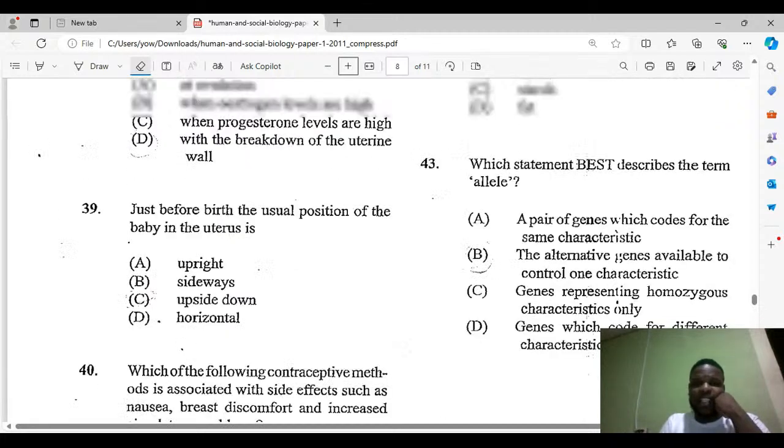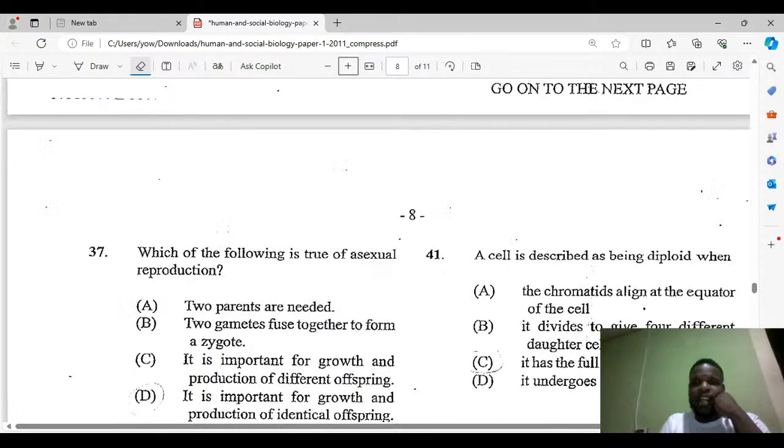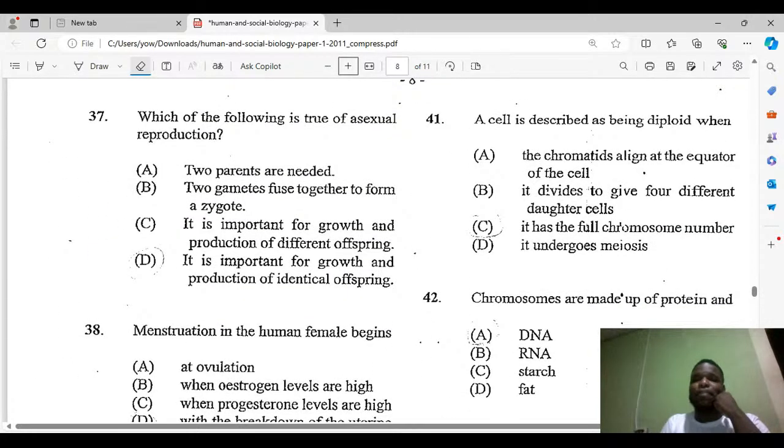Next, a cell is described as being diploid when what? When the chromatids are aligned at the equator of the cell? Or it divides to give 4 different daughter cells? It has the full chromosome number? It undergoes meiosis?